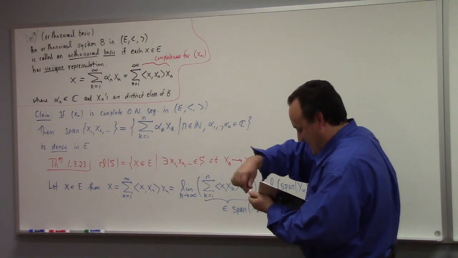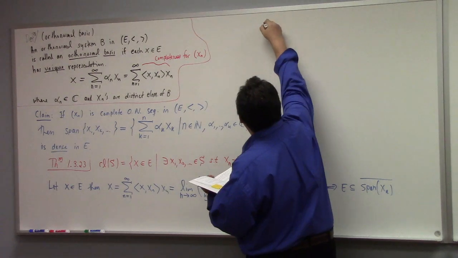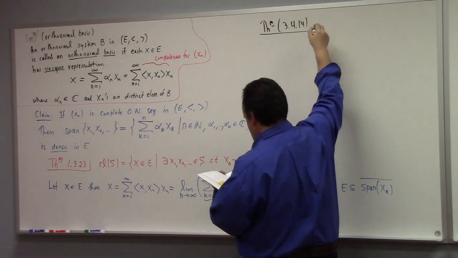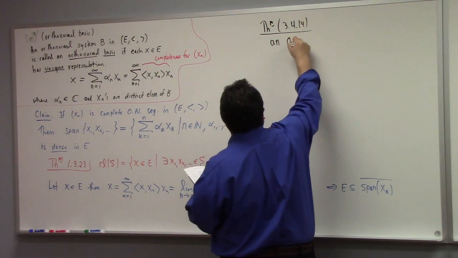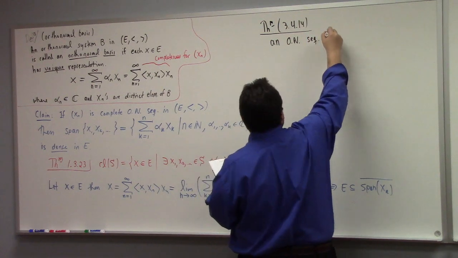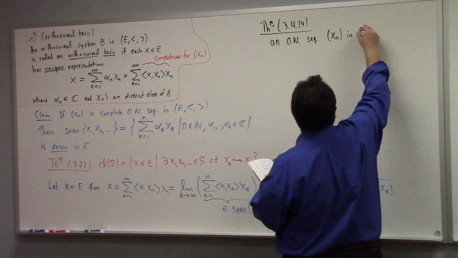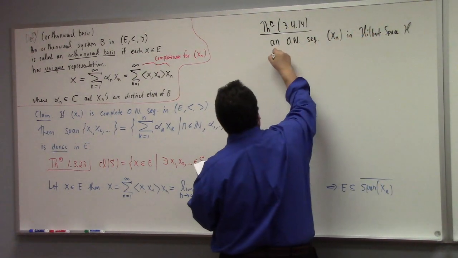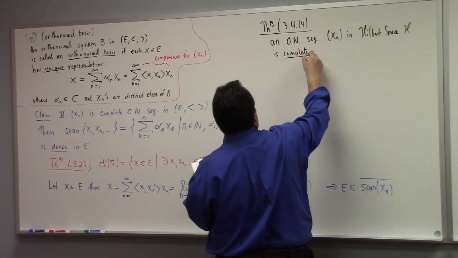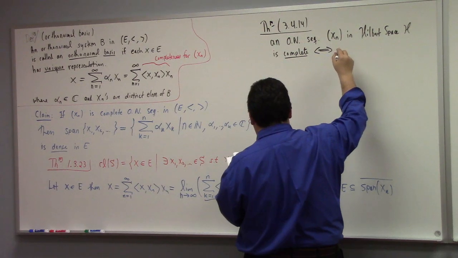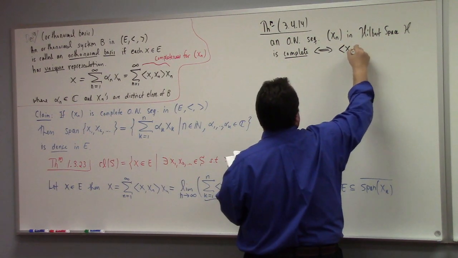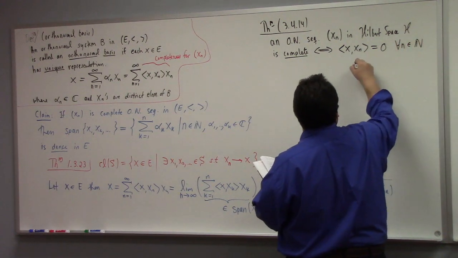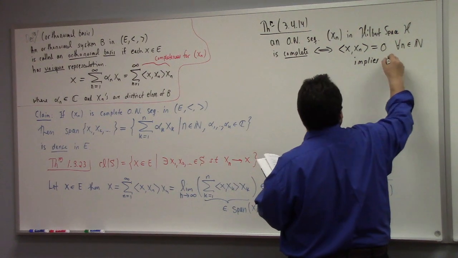Let's see here. Theorem 3.4.14: an orthonormal sequence xn in a Hilbert space H is complete if and only if the inner product of x with xn equal to 0 for all n in N implies x equals 0.